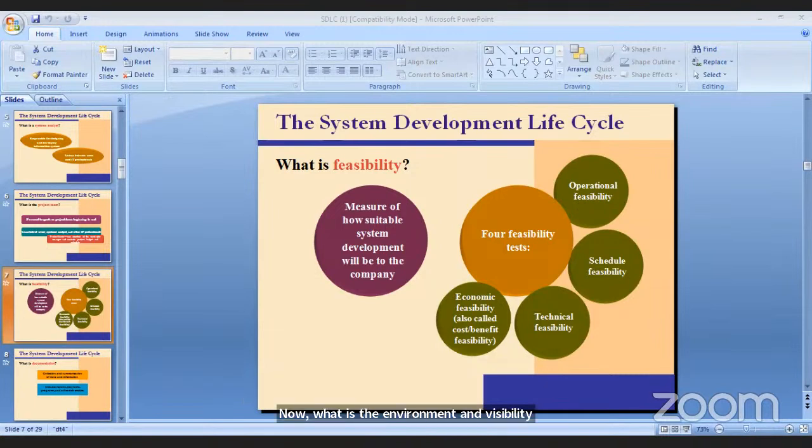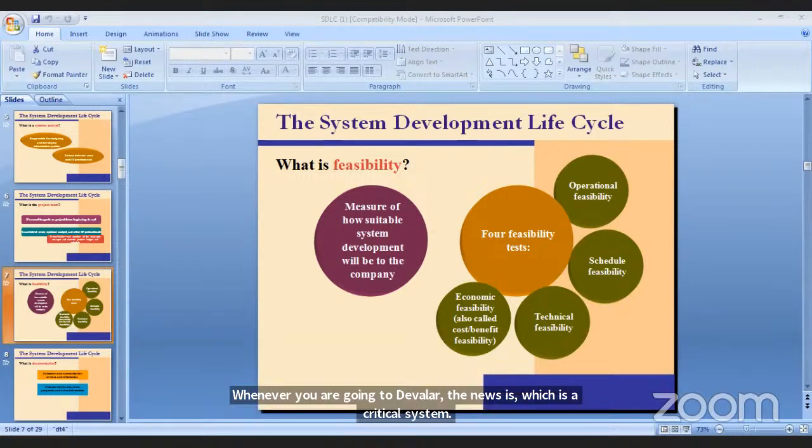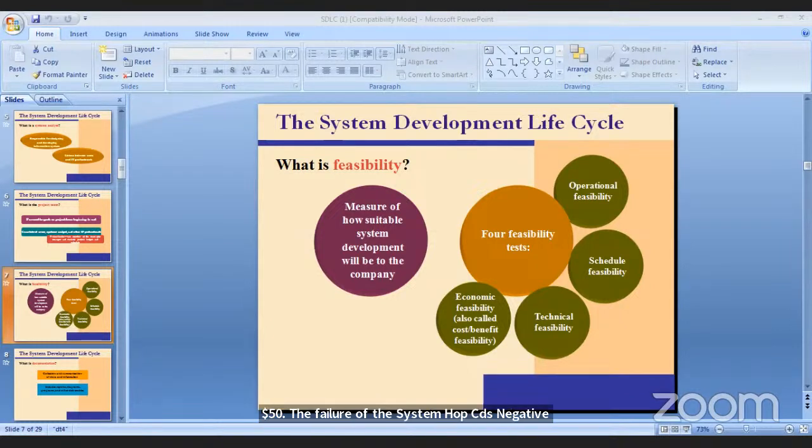Whenever you are going to develop a new system which is a critical system, critical means the failure of the system has serious negative consequences, like threat to human life, pollution of water, pollution of air. So for that type of system, whenever it is developed, the environmental feasibility has to be properly carried out.